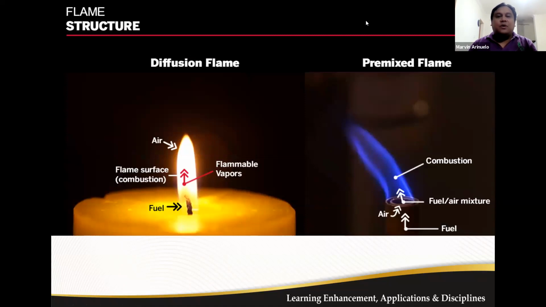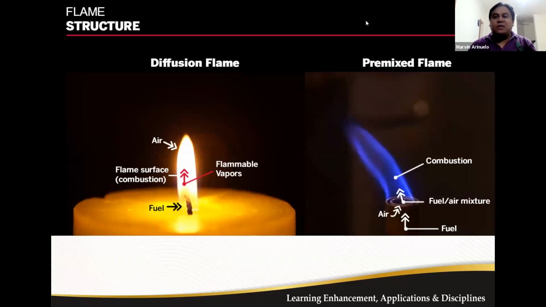There are two types of flame, a diffusion flame and a premix flame. Diffusion flame occurs when the oxygen mixes with fuel at the point of reaction, which is the flame surface. Typically, as you see on the screen, it produces a yellow or orange flame.